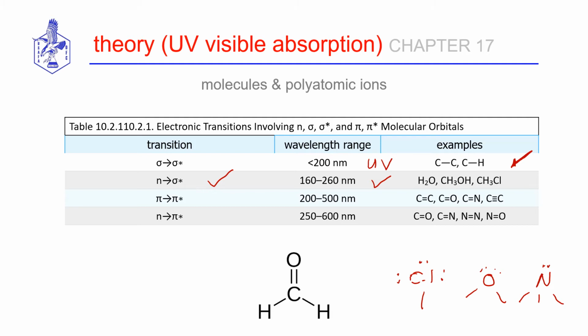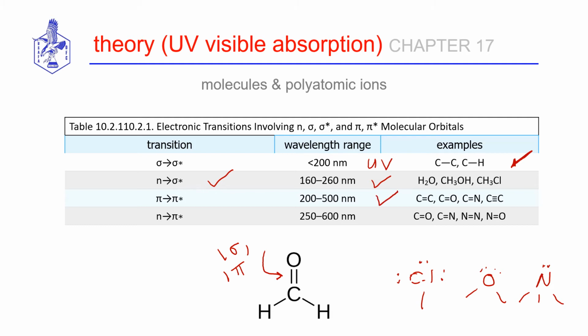Then we get into unsaturation, double and triple bonds. Okay, when we have, remember, this is formaldehyde. Remember, a double bond is 1 sigma and 1 pi bond. Okay, so with unsaturated features in our molecule, double and triple bonds, we start introducing pi bonds. And so we start seeing these pi orbital transitions.